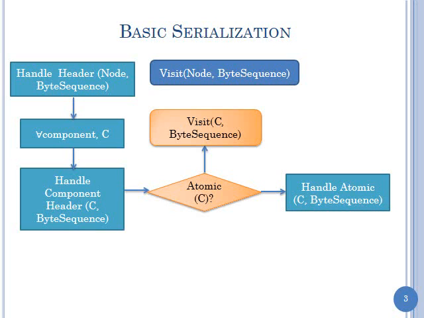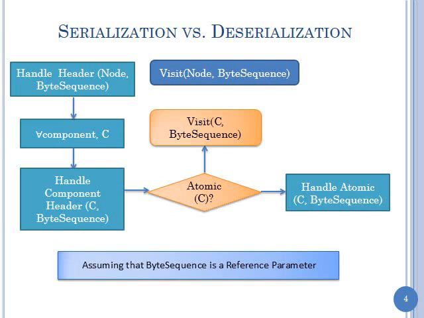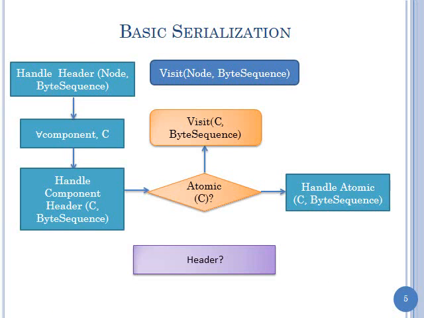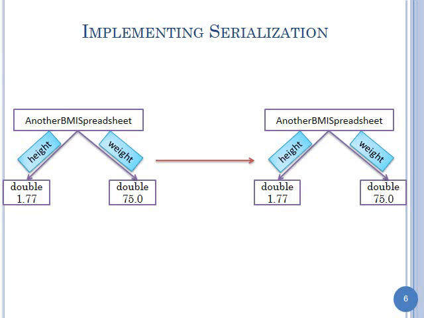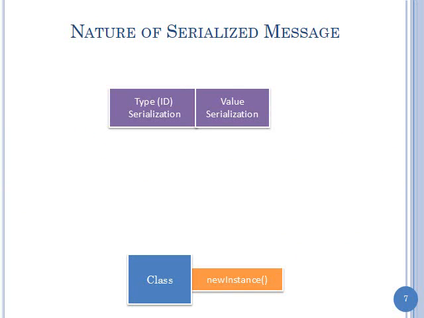So far so good? And what is serialization versus deserialization? You have a reference parameter, you're either writing to it or reading from it. If I have another BMI spreadsheet that's going to be serialized into another object of the same class, the other object must be able to create an instance.